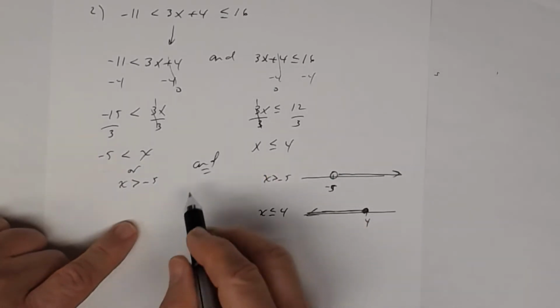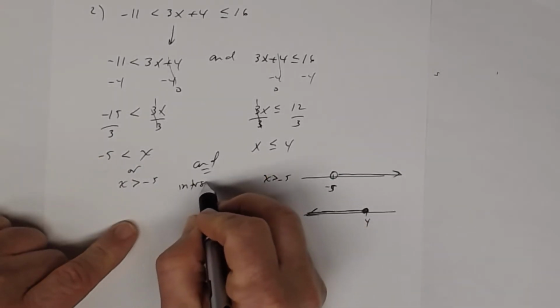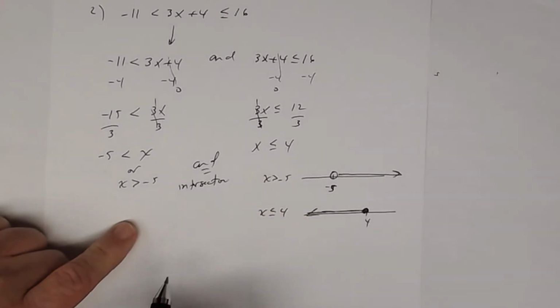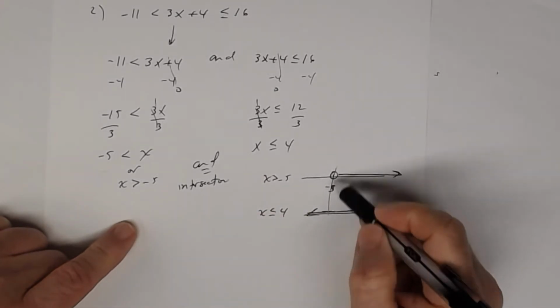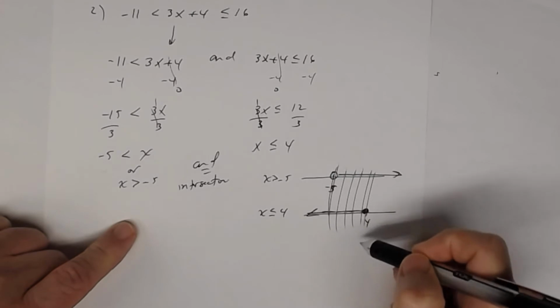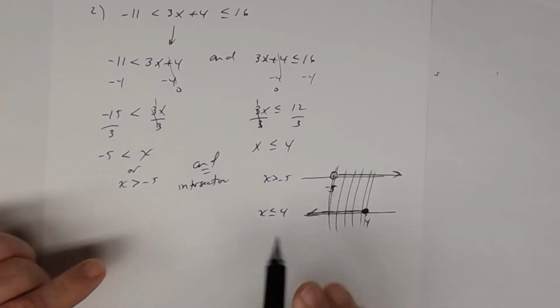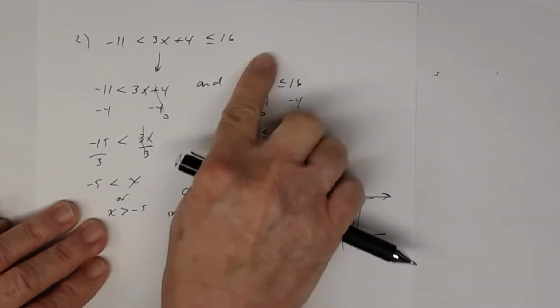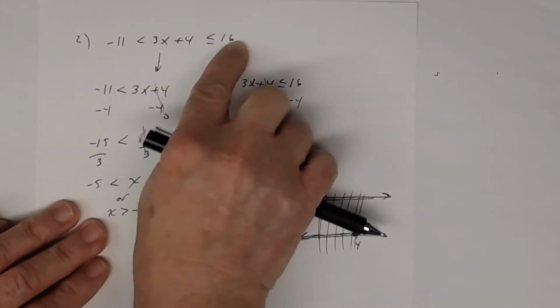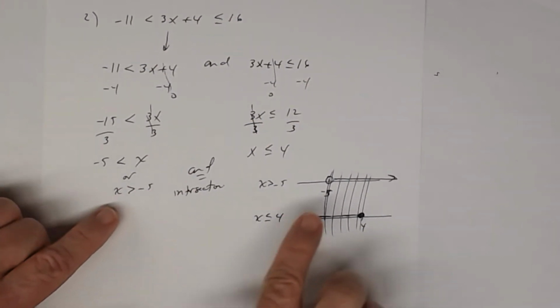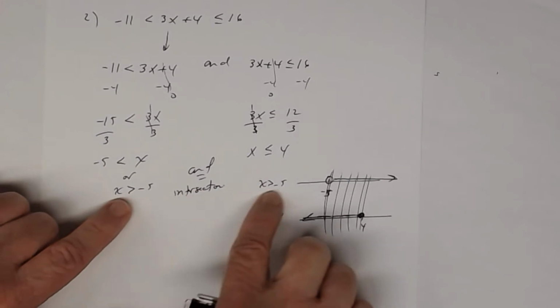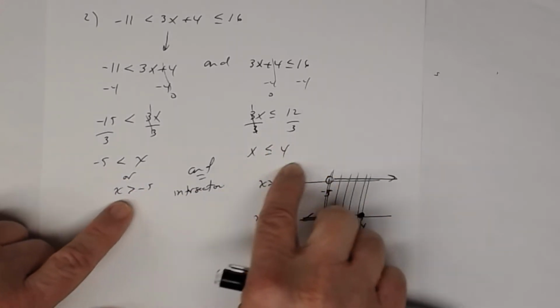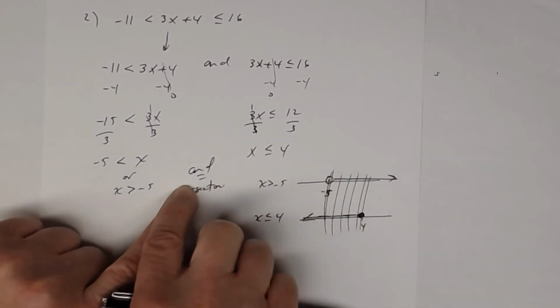Now that's an and statement. So remember, and statement means intersection. So where do the two graphs overlap? They overlap from negative 5 to 4. So that means that the solution to this compound inequality would be solutions that these two inequalities have in common.